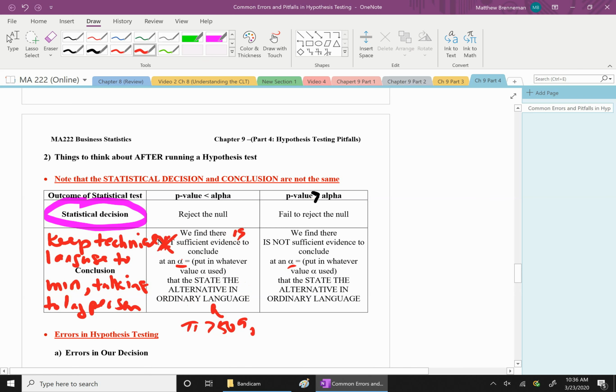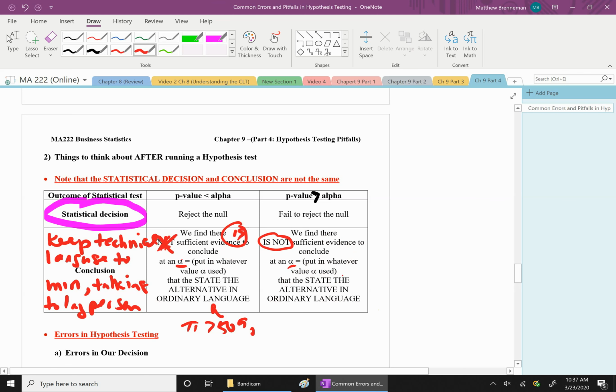Now, if we had a pi hat, say, of 60% for the male rat empathy, we might have said we find there is not sufficient evidence to conclude at a significance level, or alpha, equal to 5% that male rats are empathetic. Notice the only difference is "is" and "is not".